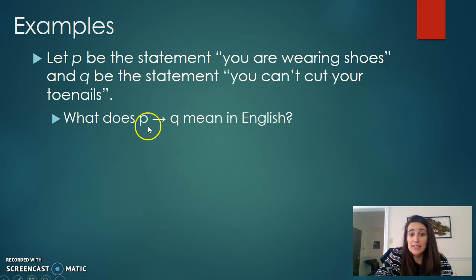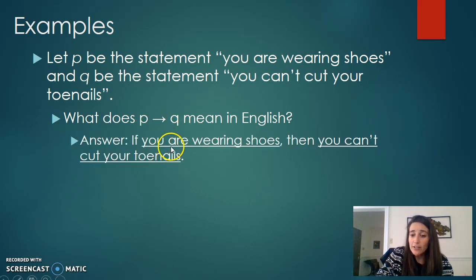Well, we could say this means P implies Q, or we could read it as if P, then Q. And we also want to substitute what P and Q represent in English. So the final answer would be something like if P, so if you are wearing shoes, then Q, then you can't cut your toenails.